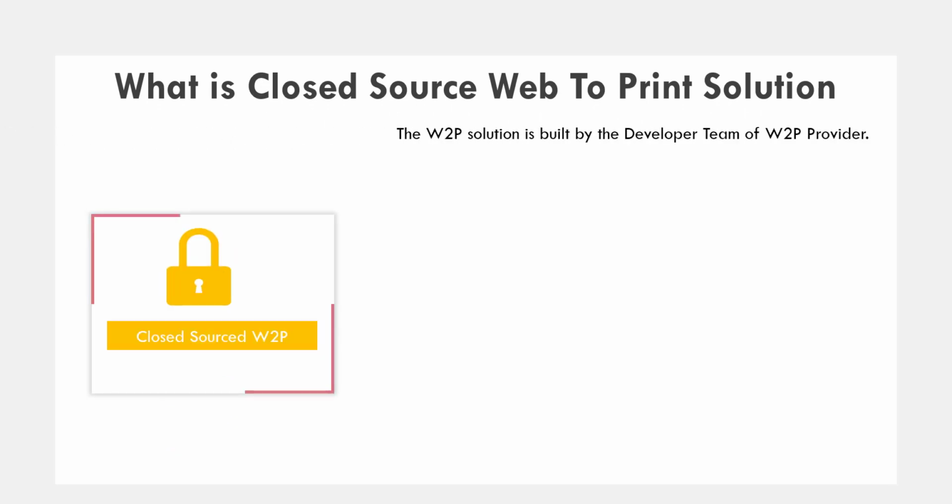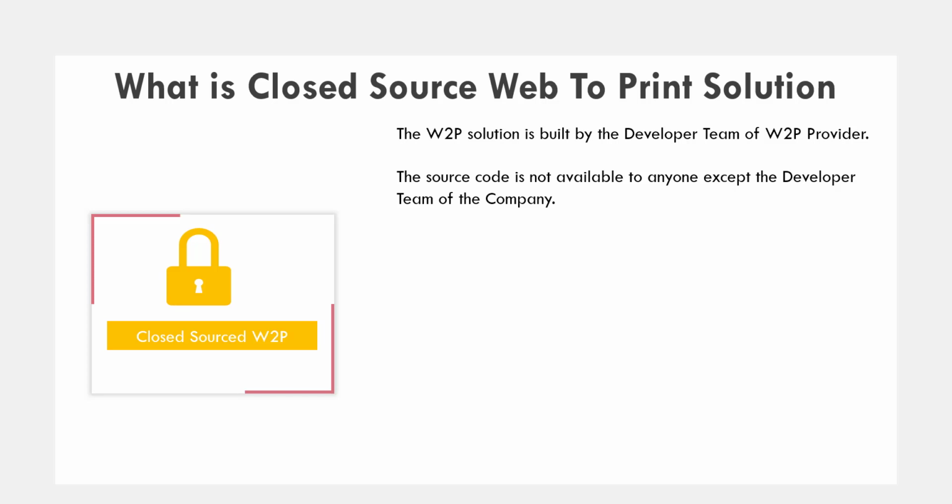The web-to-print solution provider has their own developer team. They develop each and everything in-house. They don't use any ready-made applications or ready-made platforms. They use PHP, Java or .NET and then create their own e-commerce platform. The source code is not available to anyone.